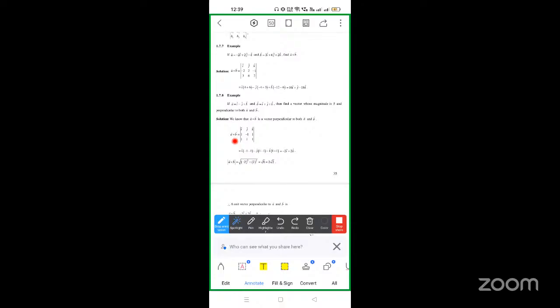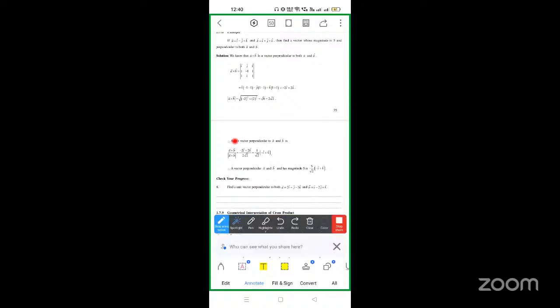Next, the magnitude of this vector, mod A cross B, is equal to root of 2 squared plus 2 squared. So that is root 8, which is equal to 2 root 2. A unit vector perpendicular to A and B is A cross B by mod A cross B. So that is minus 2i plus 2k divided by 2 root 2, which is equal to 1 by root 2 times minus i plus k.